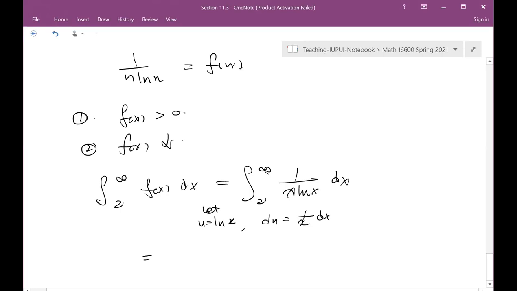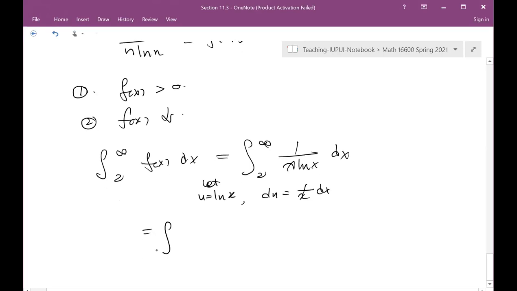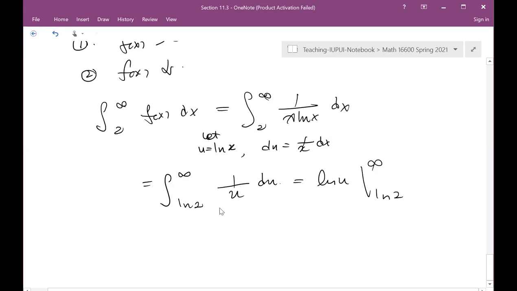So this is going to be the integral from natural log of 2 to positive infinity of 1 over u du. That is actually the natural log of u, and we evaluate the two endpoints. I skip a step by taking the limit here, but this is clearly going to be infinity, because natural log of infinity is infinity. So it's divergent.